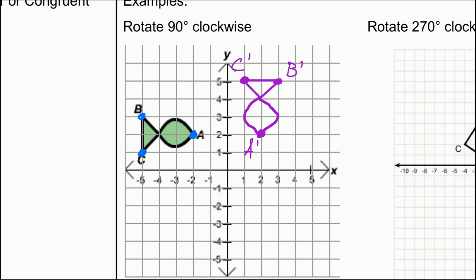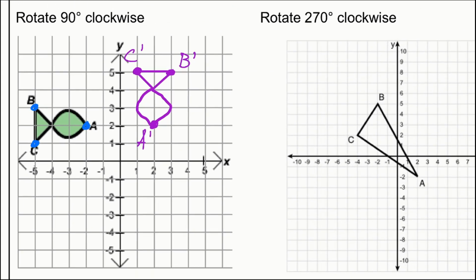Okay, so that would be a rotation of 90 degrees clockwise or 270 counterclockwise. For this 270-degree clockwise rotation, points are here. A is right here at 2, -2. B is -2, 5.